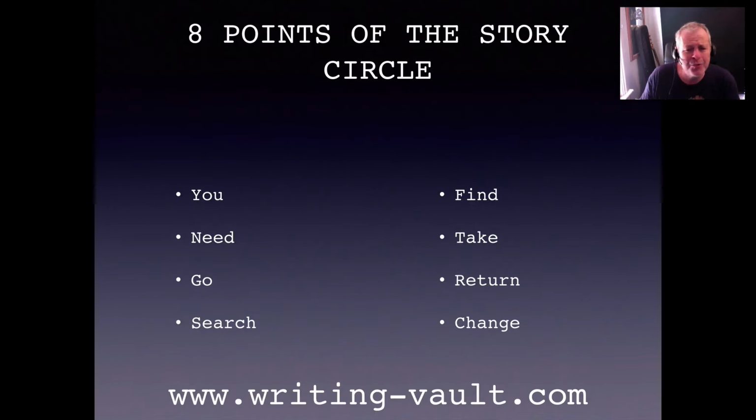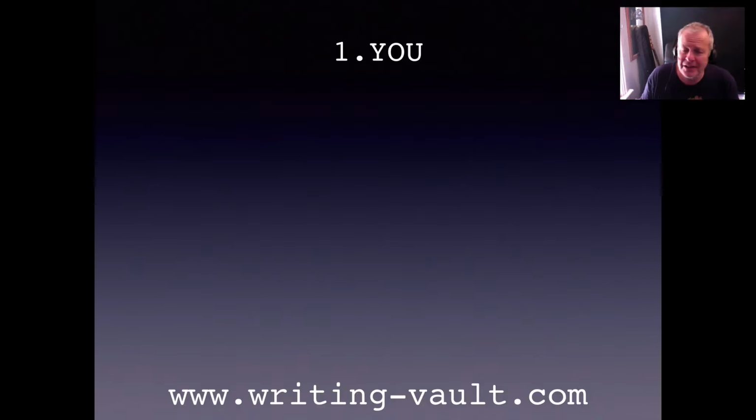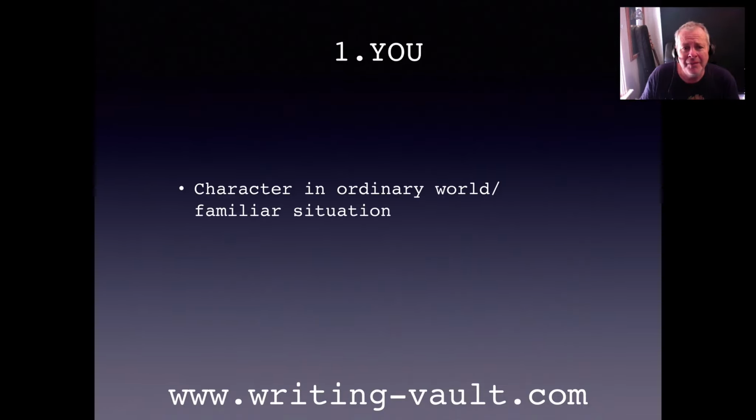So let's look at each one of those individually and just sketch out 3 bullet points for each one. So the first stage is you. That is the character in the ordinary world, in his familiar situation, and I'm pretty sure that Dan used some of Campbell's terminology. But the one thing to really note about the story circle is everything starts with character.